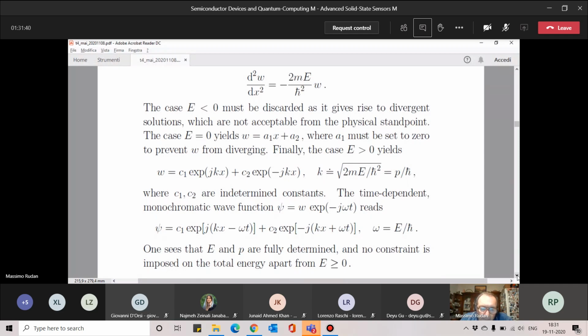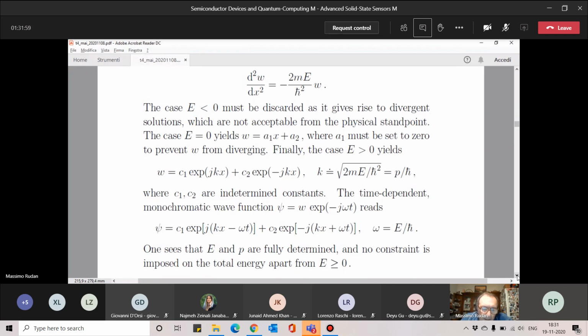So we take the solution W and we multiply it by the time factor, okay? And when you do that, you have that psi is equal to the sum of two blocks.